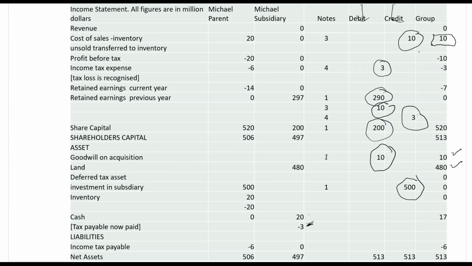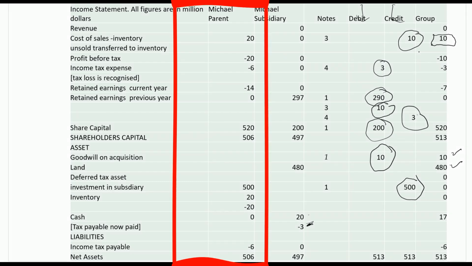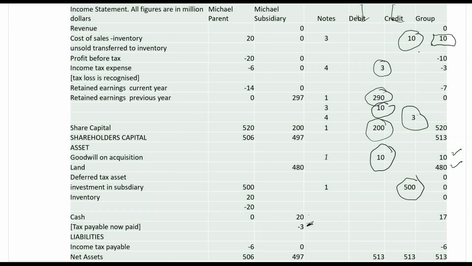The income tax payable is shown as -6 because this will then become a tax loss because the payable is negative. But that's not going to happen because the inventory will get sold. Therefore, this would be the group or the economic entity financial statement position.